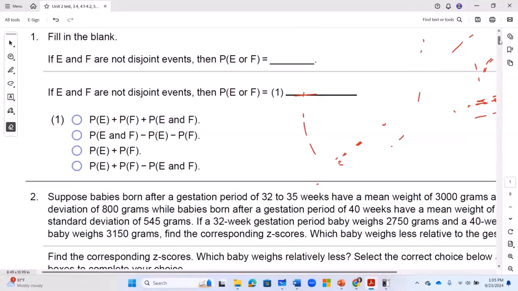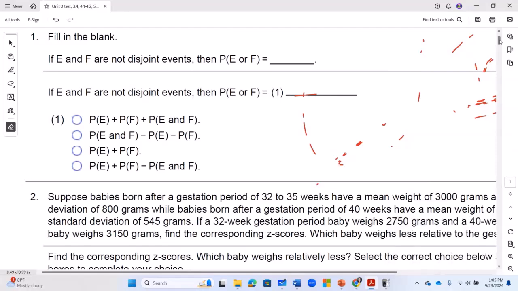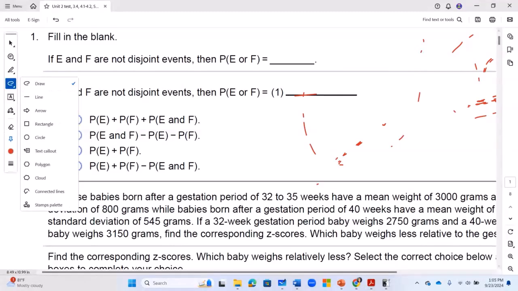In other words, what is the probability of event E union F happening at the same time? Remember, the question told you already that they are not disjoint. So they are joint. If you can, explain the probability with your diagram.